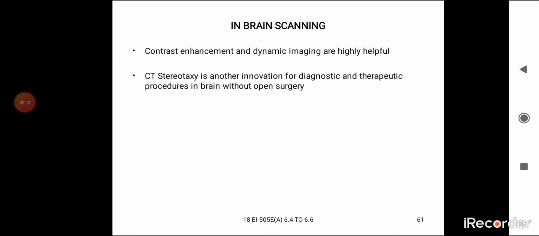CT stereotaxy is another invention for diagnostic and therapeutic procedures in the brain without open surgery.